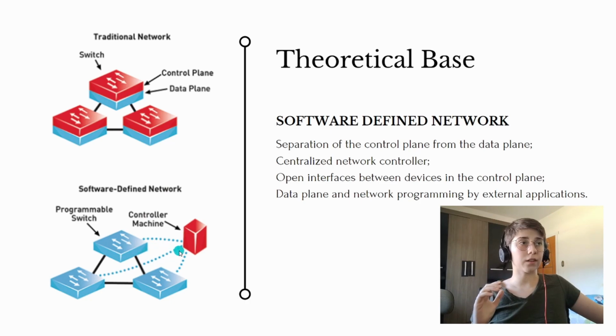In the software-defined network, I separate this and create a control machine that will connect with each switch. They are programmable. This is a good difference because it permits programming by external applications, and this allows energy management. Another difference is that in software-defined networks there are open interfaces between devices and the control plane.